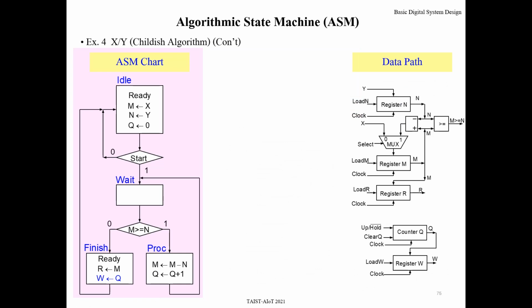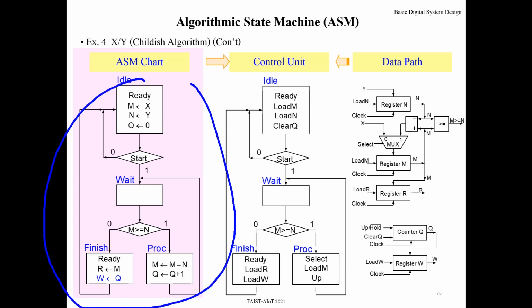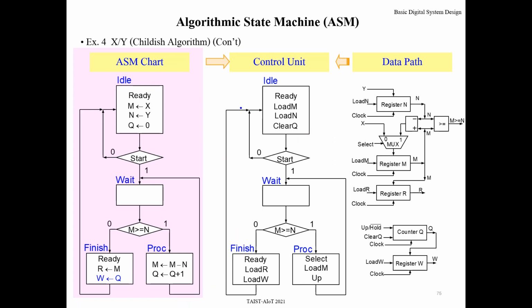From AM chart and data path, actually you can design control unit easily by copy this AM chart. Okay, copy the structure or the flow of the chart. You can change a little bit.